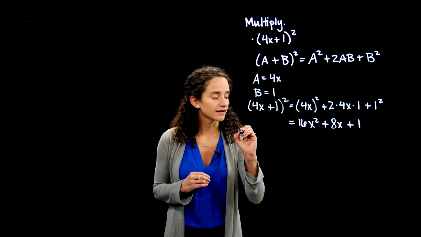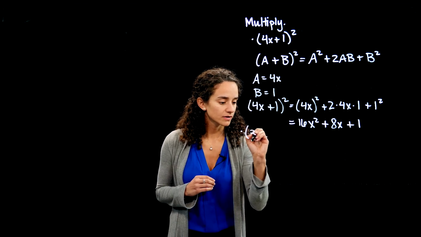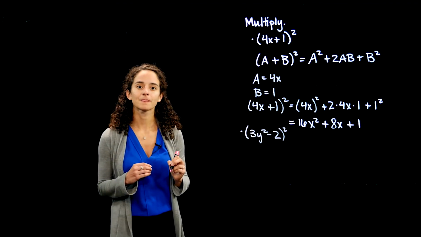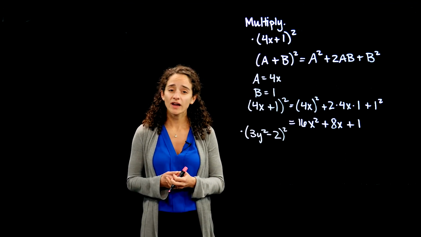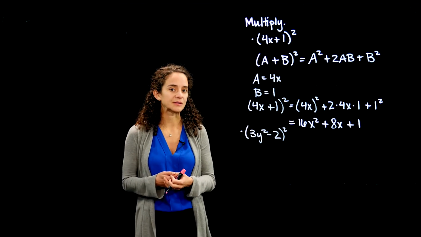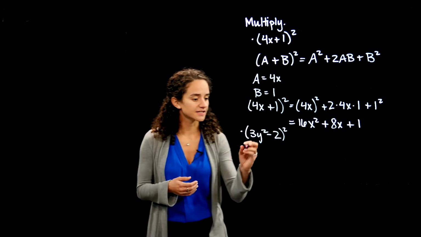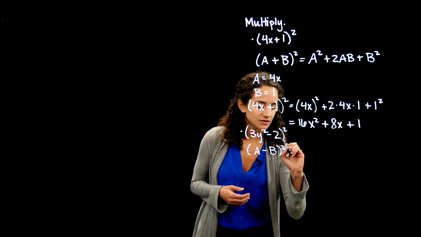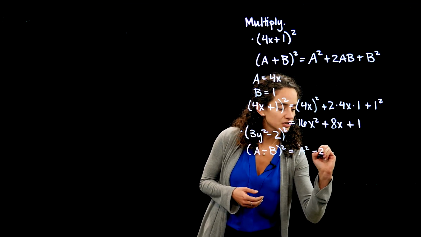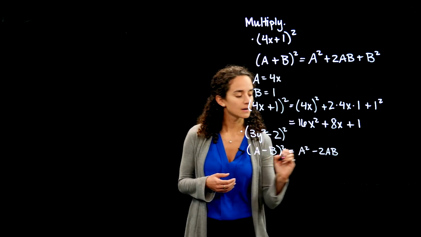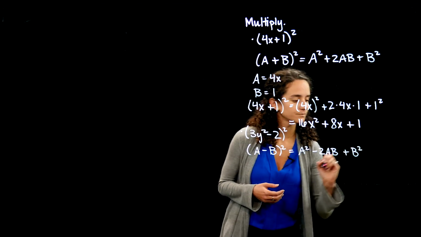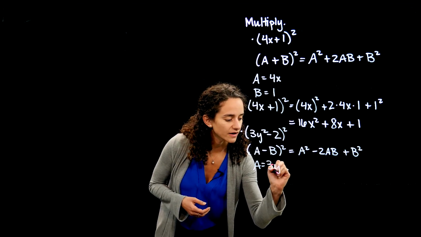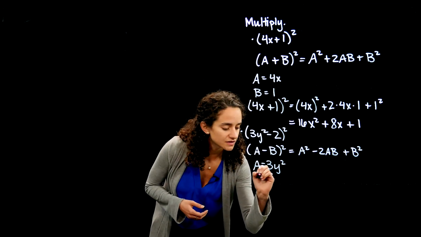We are asked to multiply the quantity 3y squared minus 2 squared. This is an example of a square of a difference. It is a special product of binomials, and so it follows a pattern. The pattern is the quantity a minus b squared is equal to a squared minus 2 times a times b plus b squared. Here, our a is equal to 3y squared, and our b is equal to 2.